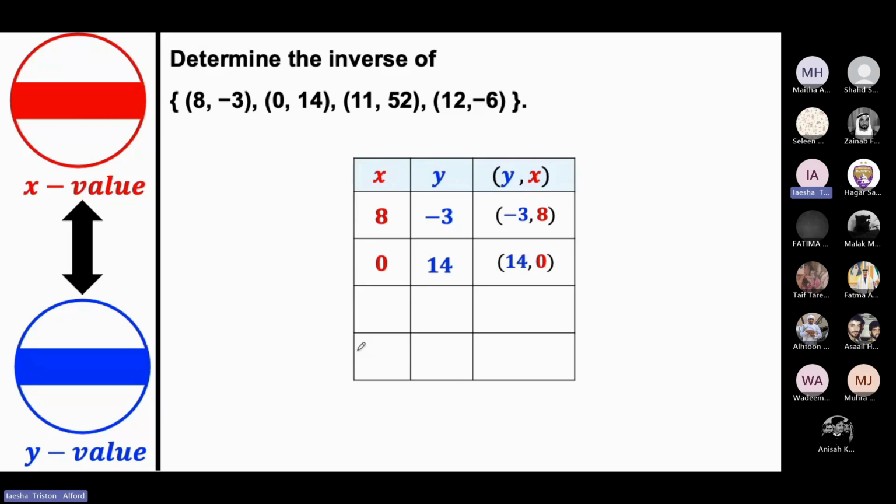Anybody else want to try? Point number 3, the next one. What's the X? Positive 11. And the Y? Positive 52. And the inverse? Positive 52 and positive 11. Fine. Last one. Who's got the X? Anissa, you're back?